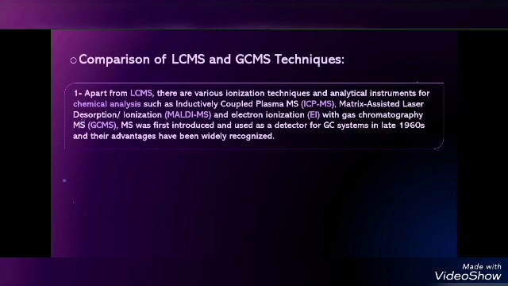MS was first introduced and used as a detector for GC systems in the late 1960s, and their advantages have been widely recognized.